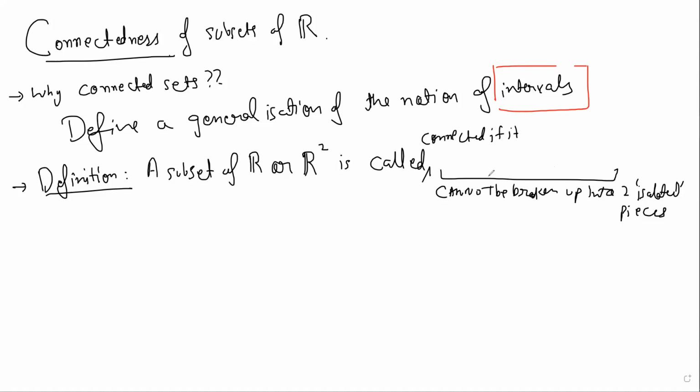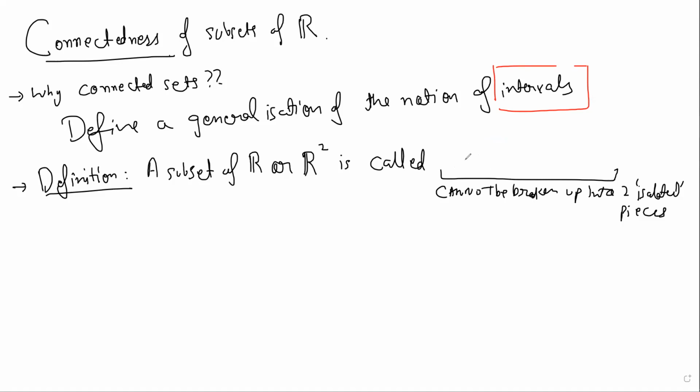What we really want to say is that the set should not be made up of two pieces such that the limit points of one piece, or the limits of sequences in one piece, are in the other piece. So they're completely apart from each other. Basically, it should not be in two different pieces where analysis can be done separately.